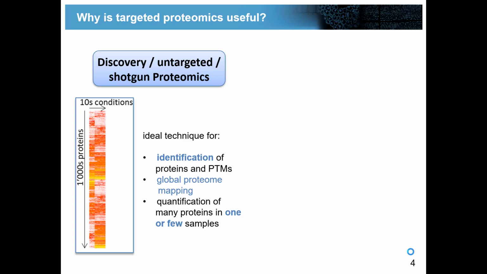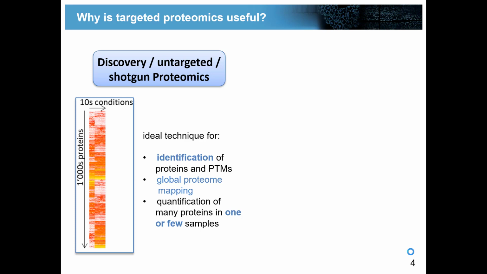But what DDA is not so good at is to generate data matrices that have a lot of samples on the x-axis here, because, and everybody who worked a little bit with DDA data knows this, the problem with DDA data is that you generate in these quantitative data matrices a lot of holes, a lot of missing values. That's why these data matrices are quite sparse.